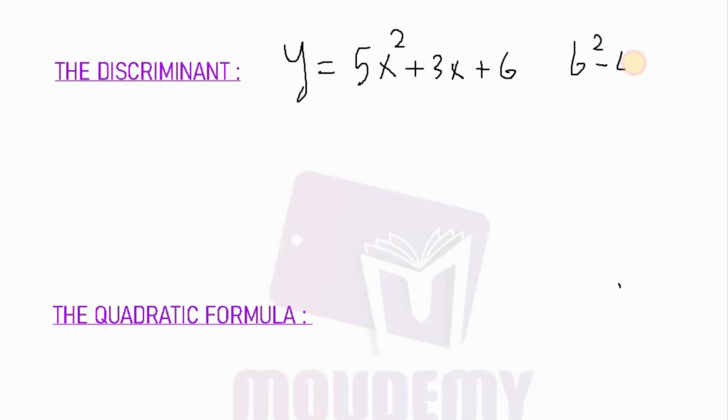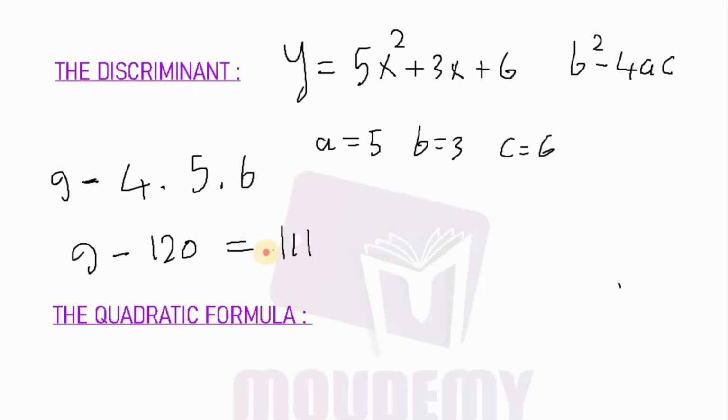For example, if we have y equals 5x squared plus 3x plus 6. The discriminant is b squared minus 4ac. For this equation, we have a equal to 5, b equal to 3, and c equal to 6.